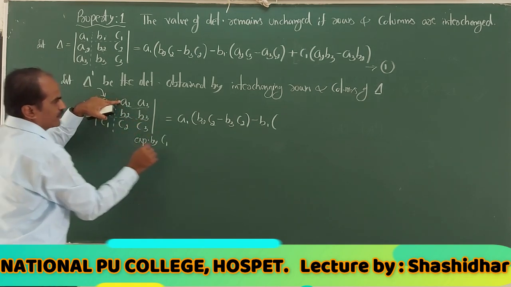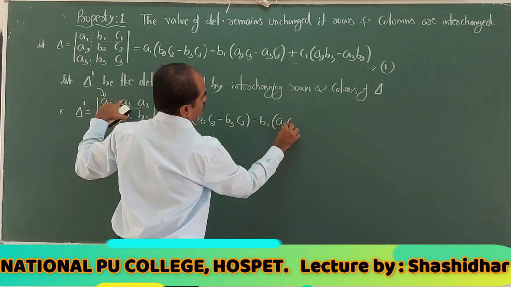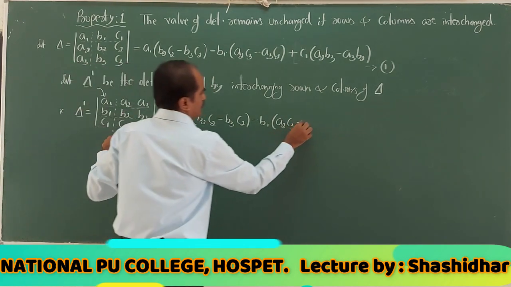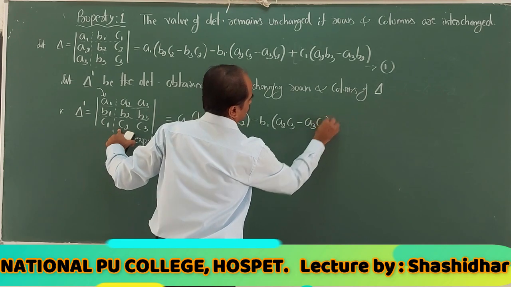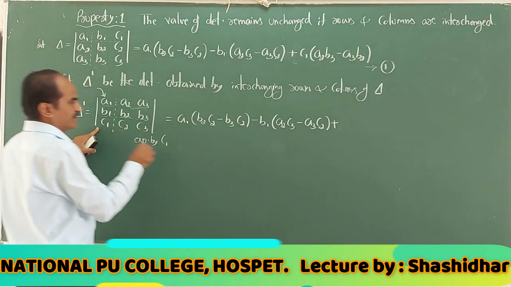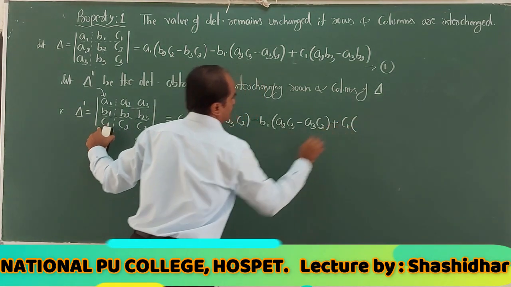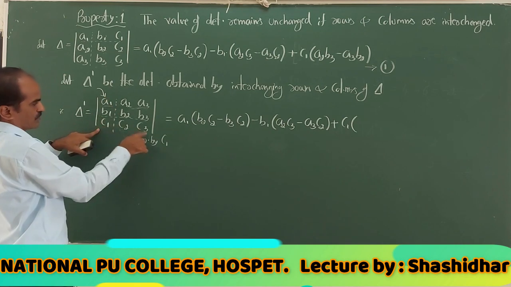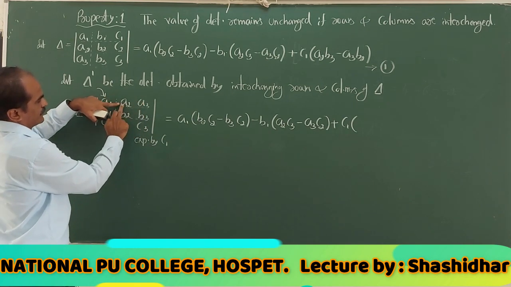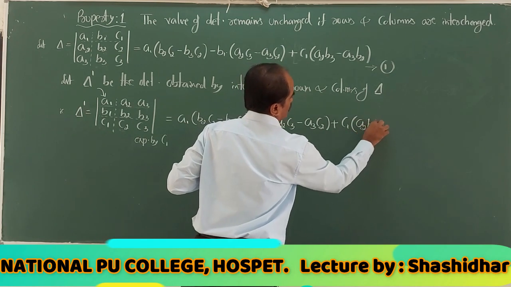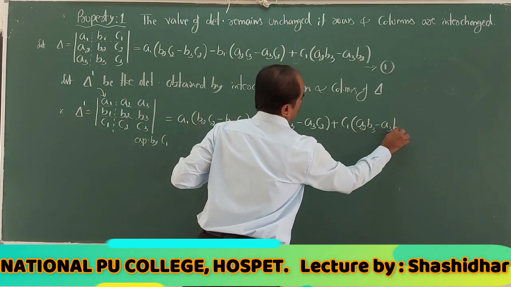What you get? A2 C3 minus C2 A3, nothing but A3 C2. Next sign, plus, plus C1 into, leave first column, third row. I get A2 B3 minus A3 B2.